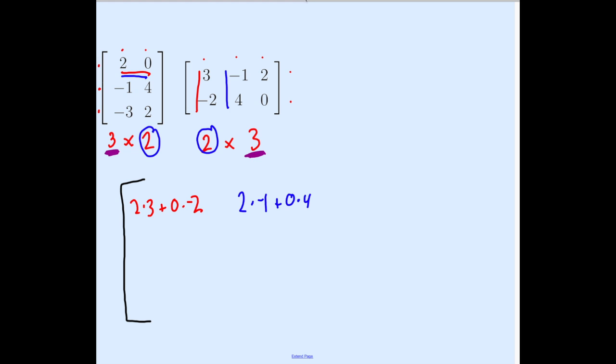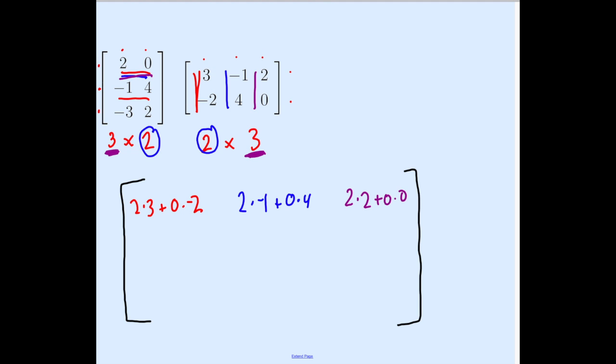And then for the last top one, I'll do this row times this column. I'll end up with 2 times 2 plus 0 times 0. I'll close that up just like that. And I'll continue with the next row. So it'll be this times that.